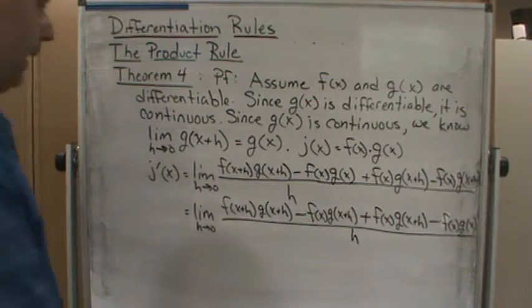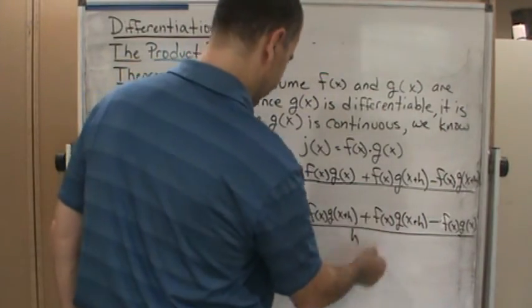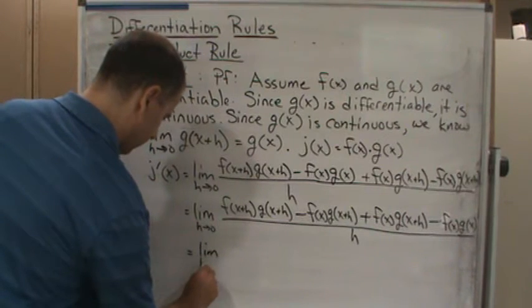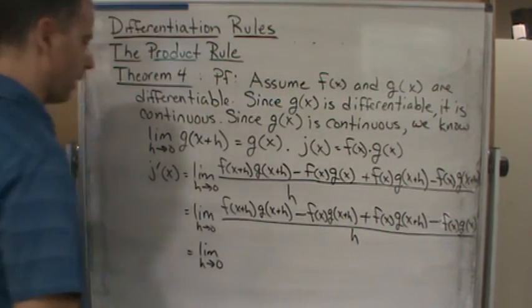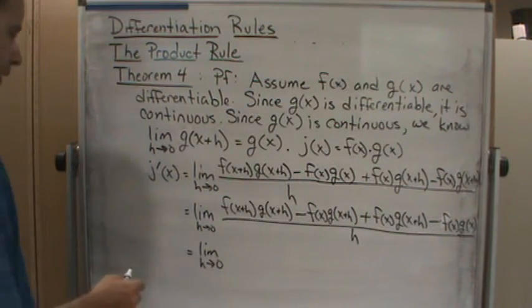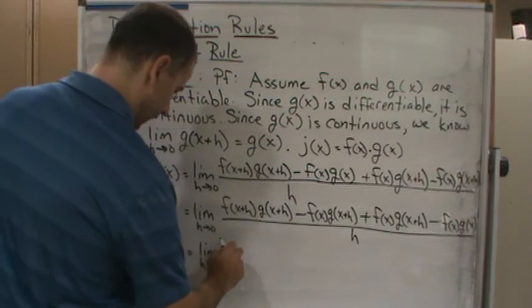Okay, now I'm going to split it right here. So now I get the limit as h approaches 0. The reason I can do this is because the functions are differentiable, hence continuous. So I'm just using the limit laws again.